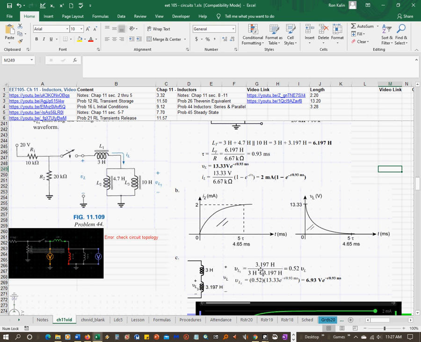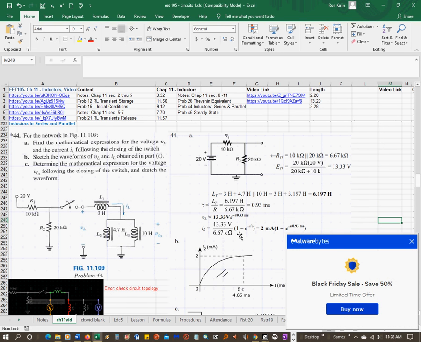So you just do a ratio, 3.197 divided by the total of both is 0.52 of V sub L, so it's roughly half. So then you take the V sub L equation, multiply it by 0.52, and this is what you get here.